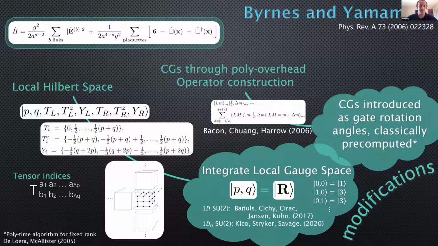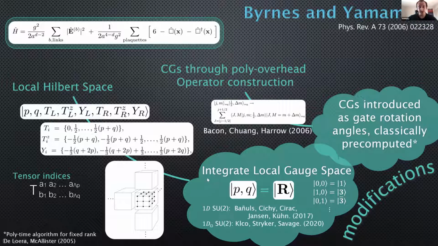Because of the constraints of Gauss's law, this requires the introduction of Clebsch-Gordan coefficients into the wave function, which enforce the constraint that all the representations at a given site add up to a singlet. However, it's not necessary to track all these degrees of freedom because we can just solve this constraint exactly.